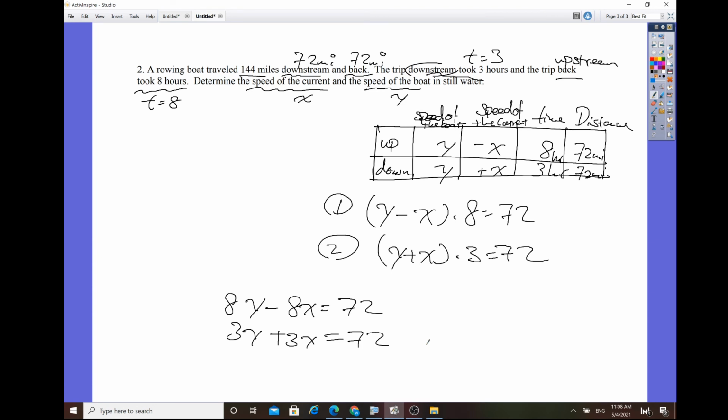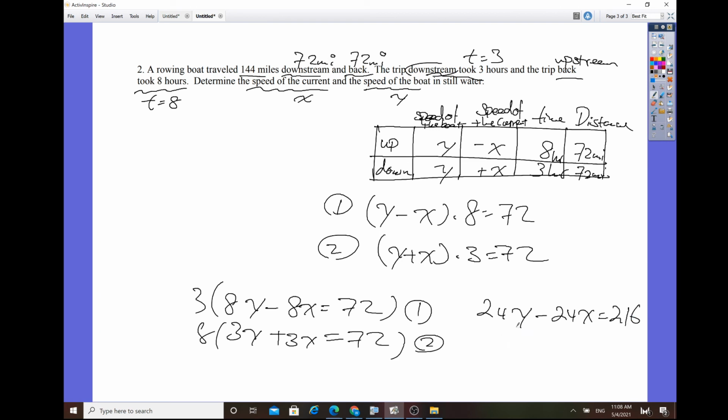Okay? And then for the rest of this, what we can do is find the least common multiple of 3 and 8. The least common multiple of 3 and 8 would be 24. So multiply the first equation by 3, multiply the second equation by 8. So we got 24y minus 24x equals 3 times 72, so 216.